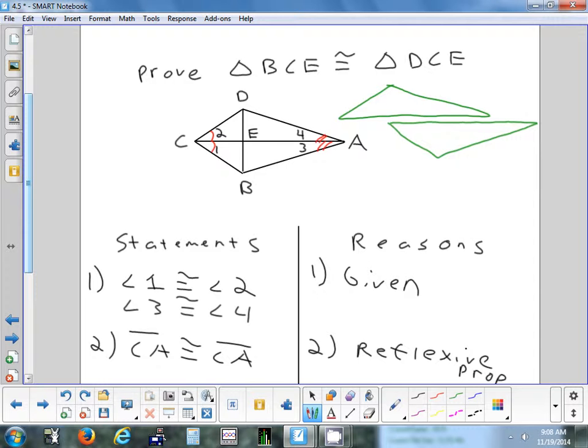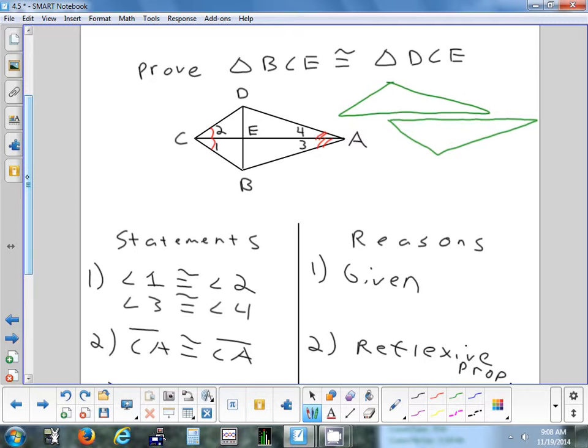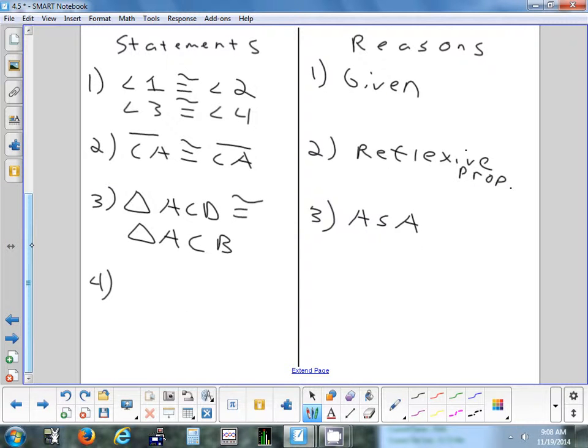Okay, step 4. What do I know about sides CD and CB now? They are congruent. I'm labeling things in red that weren't proven, but we figured out. Why are CD and CB congruent?